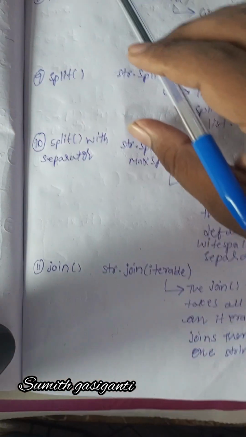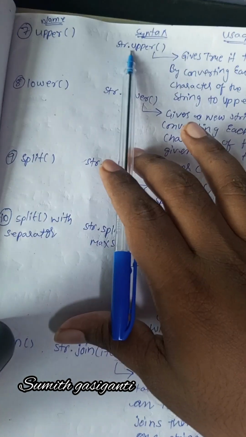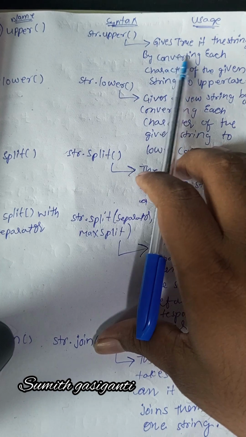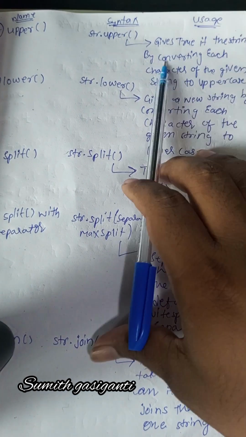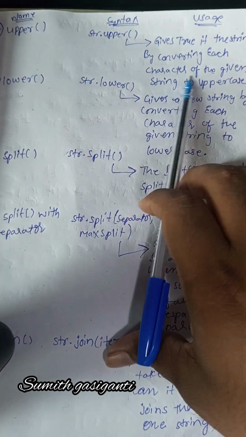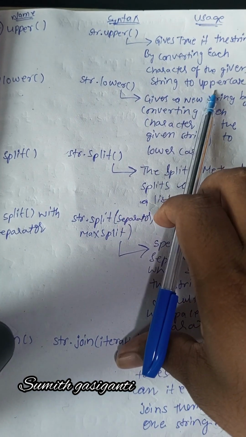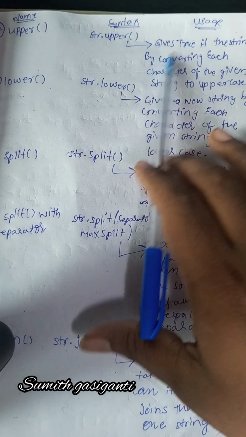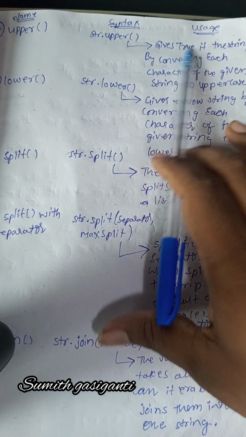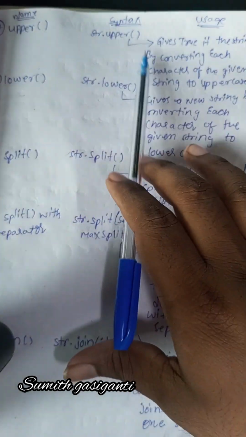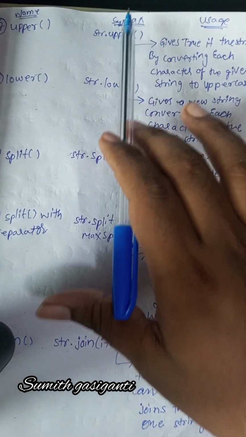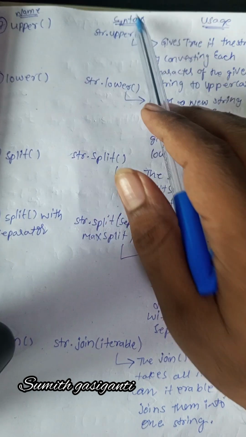Next, coming to upper. The syntax is str.upper(). The usage: it converts each character of the given string to uppercase. So we can know the uppercase letters in a statement by this syntax.